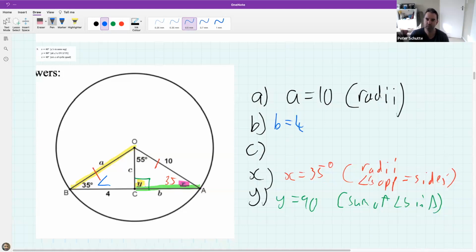And the theorem that we use is line from center perpendicular to chord. We use the fact that this is 90 to say that, and we know that it cuts these two in half.